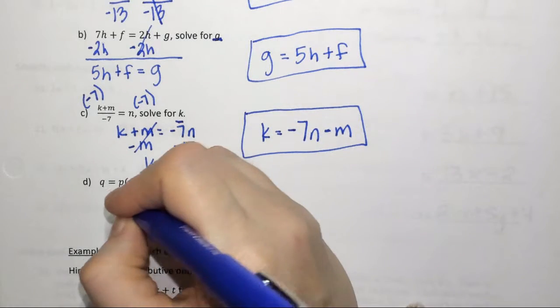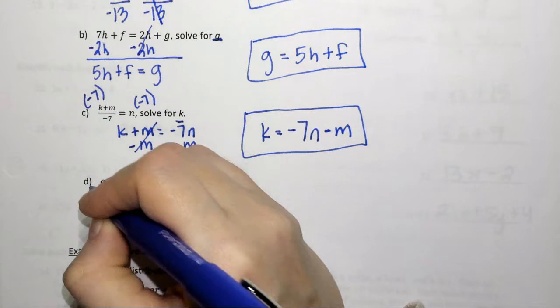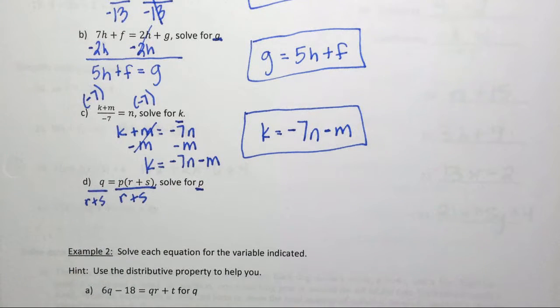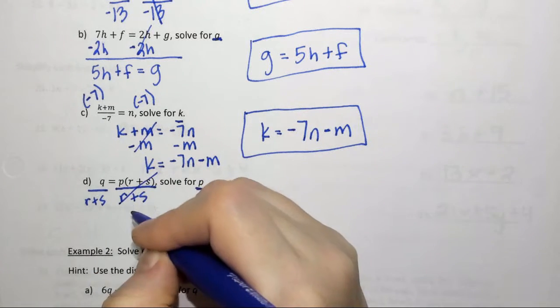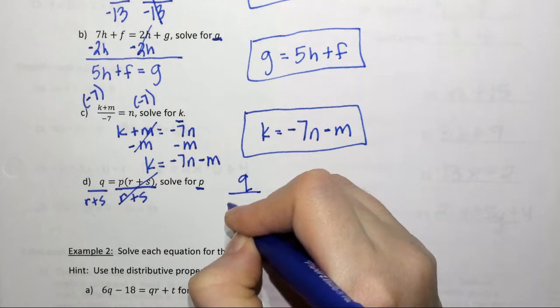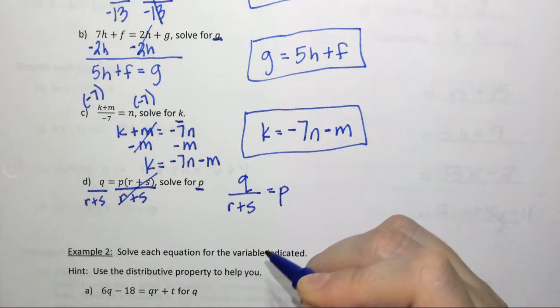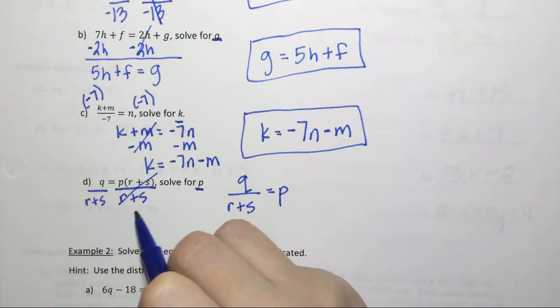Divide. What I can actually do is I can divide by R plus S. Did y'all know you can divide by something like that? So these cancel, and I have Q over R plus S is equal to P. So it's being multiplied by that whole thing, so I divide by the whole thing.